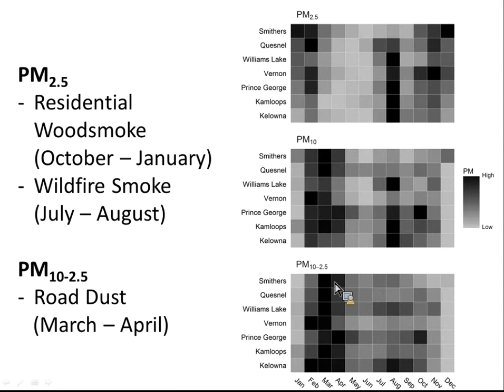So what we did is cut up the analyses into the residential wood smoke season, which we called October to January, the wildfire season, which we called July and August, and the road dust season, which we called March and April. We left February out of these analyses because it has both high PM2.5 from residential wood smoke and high PM10 from road dust. And we wanted to be able to better tease apart those two things.